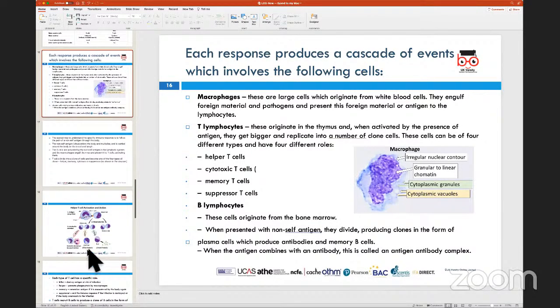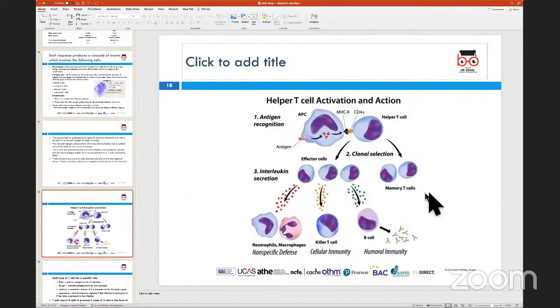Is that okay? Now, this particular slide is where I've shown a diagram of the T cells and how they get activated. When the T cells get in touch with the virus, the memory cells and the helper T cells are produced. They then produce a reaction which starts producing the B cells, and the B cells then create the antibody.